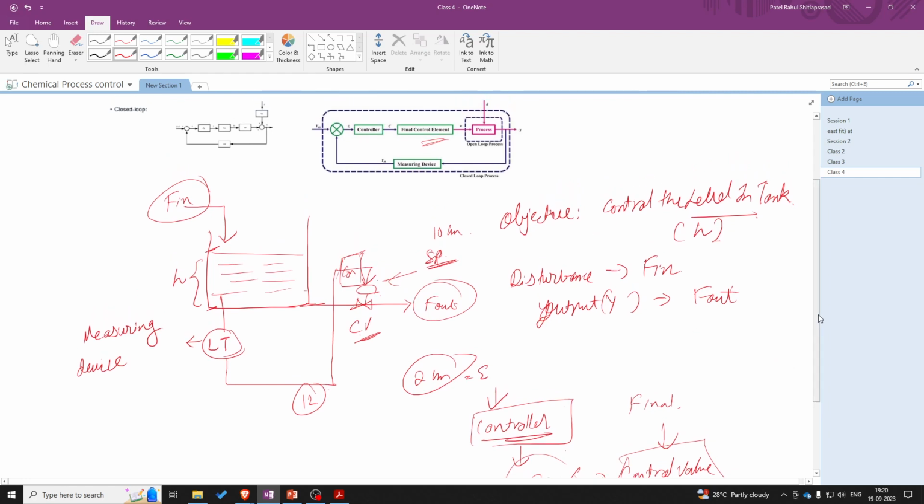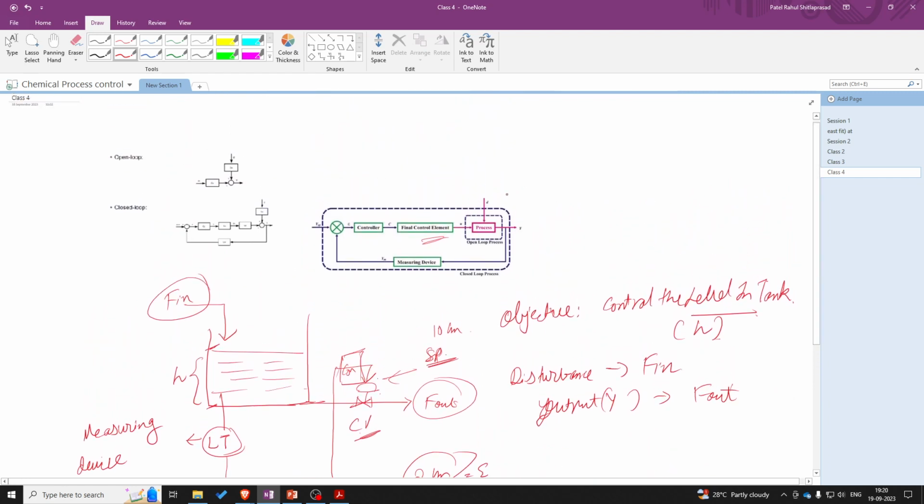So if we take a look at the block diagram, we can represent it like this: this is our set point, then a comparator, then the transfer function of the controller, usually represented by GC, then the transfer function of the control valve, that is the final control element, represented by GV. Then we have the process transfer function, GP, and corresponding to that we have an output.